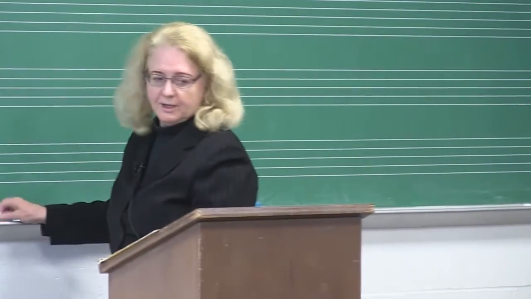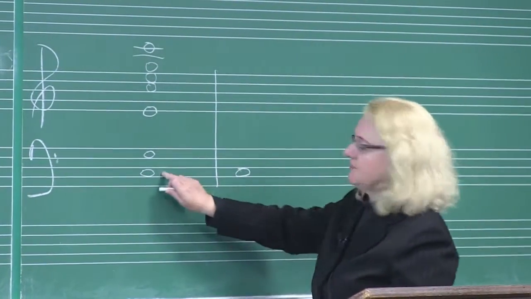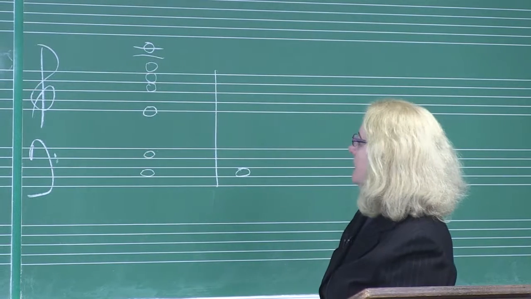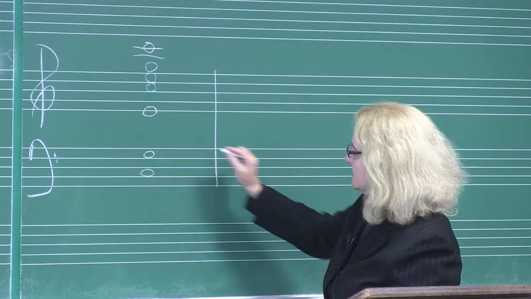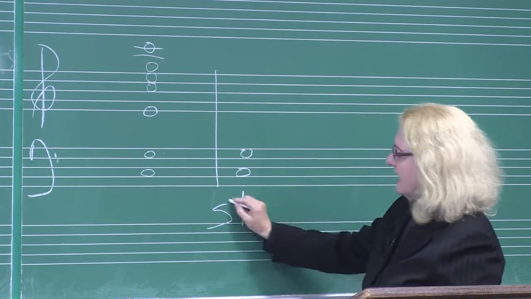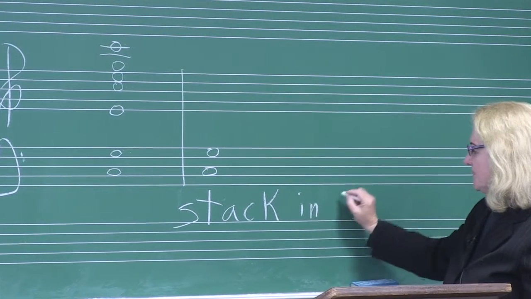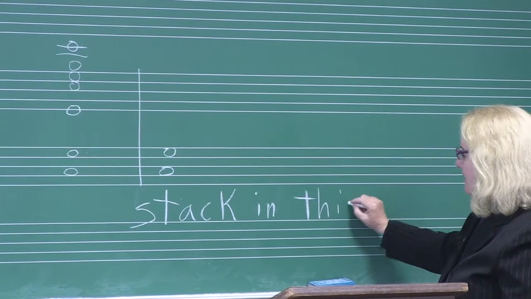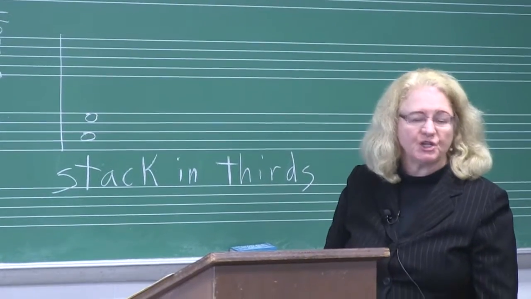What do we do? We retain the bass note, and we use this note. We want to stack our notes in thirds, since right now we're basically dealing with tertian harmony.